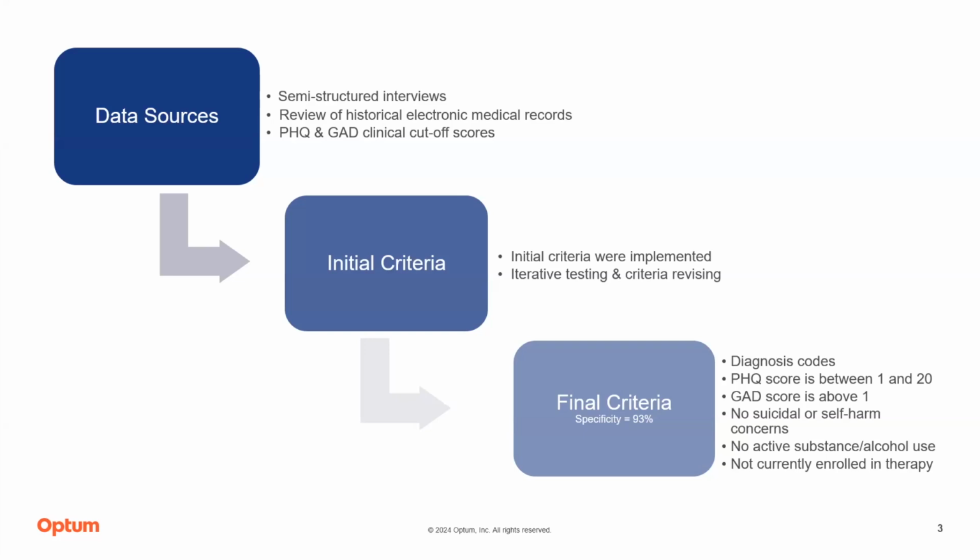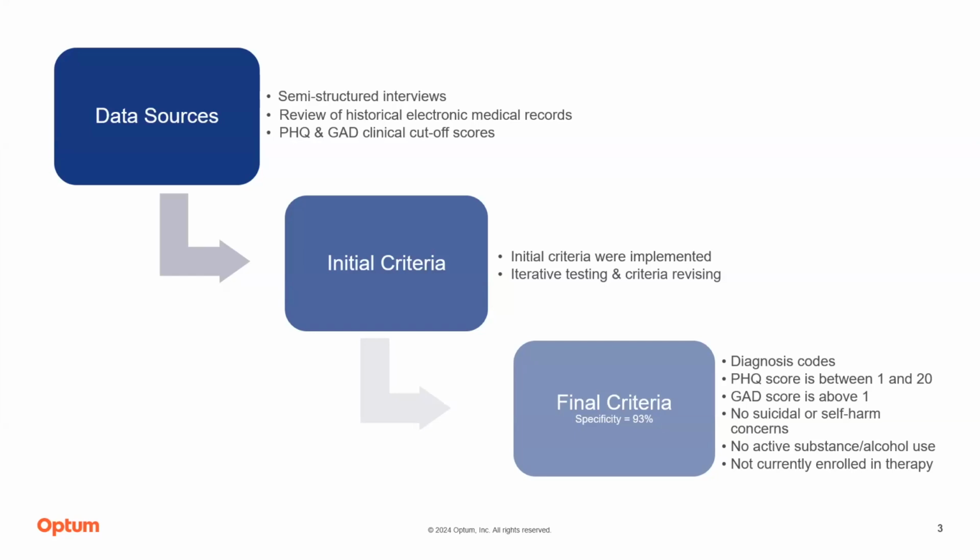The data we collected allowed us to identify some clinical factors, as well as some logistic factors that may be useful to set up the parameters for our eligibility flag.